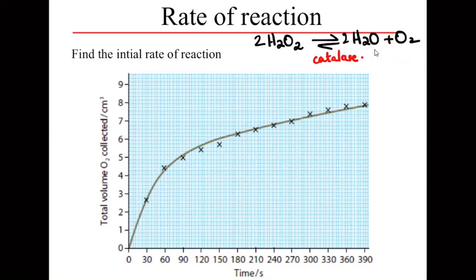In this situation, when we are calculating the rate of reaction, are we calculating the amount of products formed per unit time, or the amount of substrate disappeared per unit time? Miss, we are calculating the amount of product formed over time. Product formed over time. What's the product? It's oxygen. Okay.